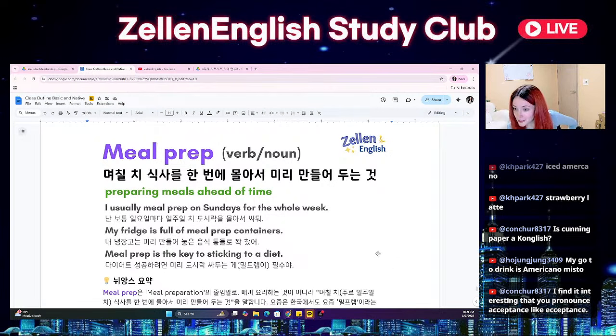I'm going to pause because I see a question and I want to make sure that I address it. I find it interesting that you pronounce acceptance like "acceptance." Yeah, you know what's funny is I think in English sometimes the soft A and the soft E, to me, it's almost exactly the same, because we're just saying it really quickly, right?